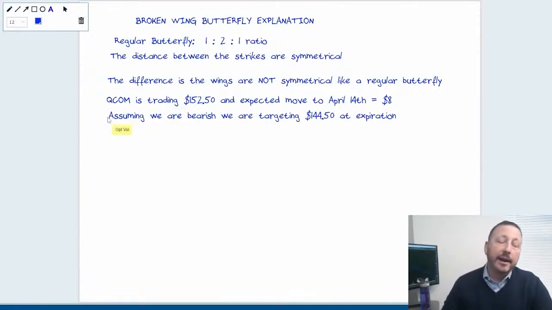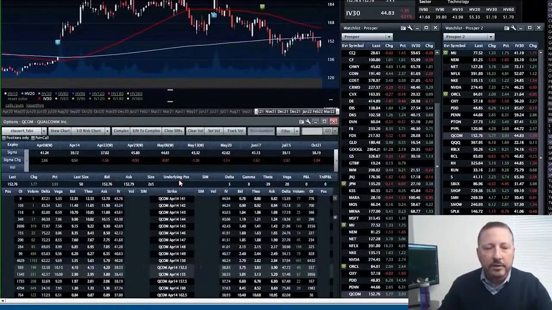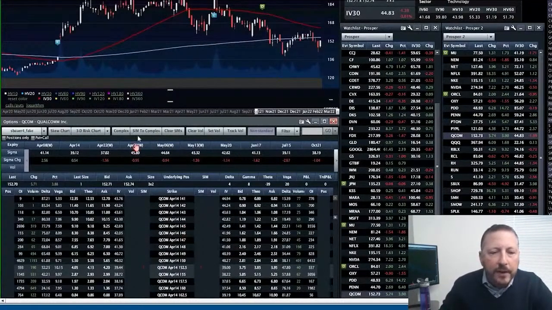Now, there's not going to be a 144.5 strike, so we always target the strike closest to where we think the stock is going. In this case, we could choose 144 or 145. We're going to keep 145 just for mathematical symmetry here.